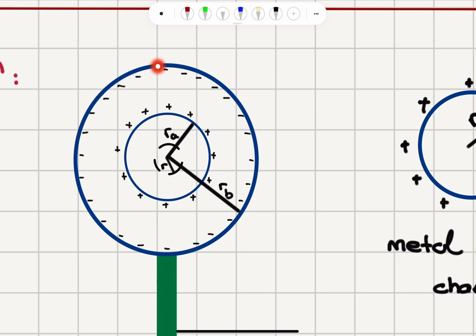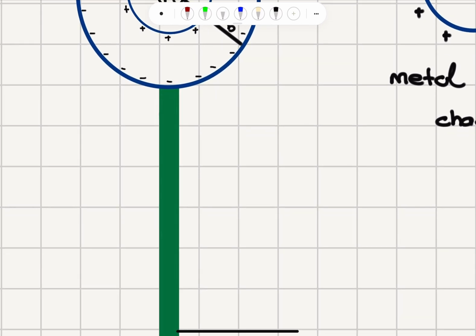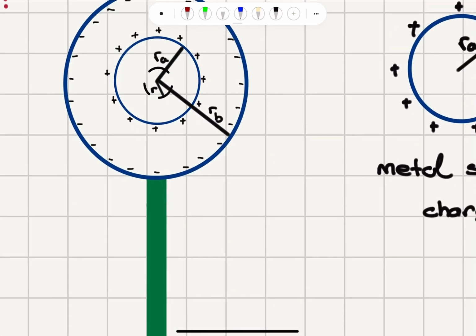And for the hollow spherical shell, we have the charge also residing on the surface. Well, it's basically an empty shell, so it's going to have all of its charge residing on its surface, and all of this is on an insulating stand.